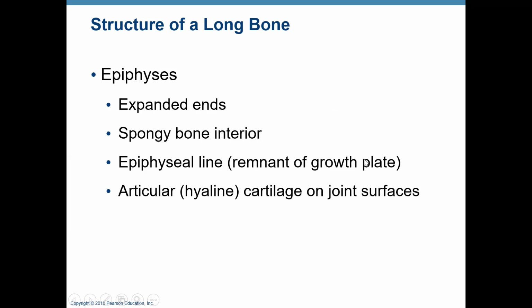So the one that's closer toward the shoulder region is called the proximal epiphysis, and the one further away is going to be referred to as the distal epiphysis. When you grow in length, there's an area within the bone called the epiphyseal plate, or you say epiphyseal line.